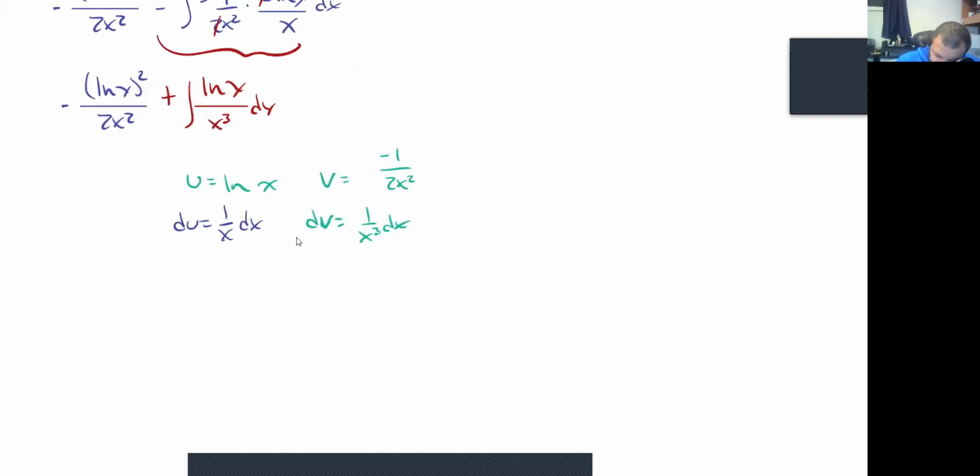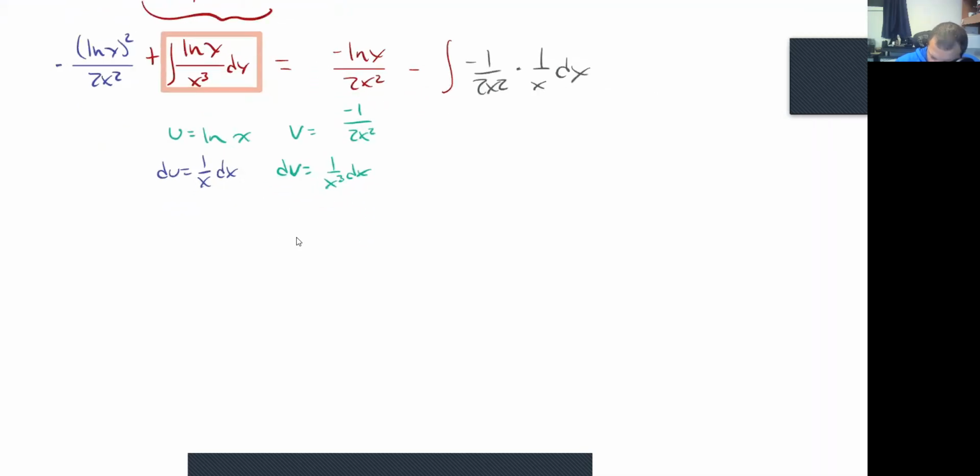All right, so then this term here is going to end up being u times v. So we're going to get negative natural log of x over 2x squared when I multiply those two things, minus the antiderivative of v du. So we're going to get negative 1 over 2x squared times 1 over x dx.